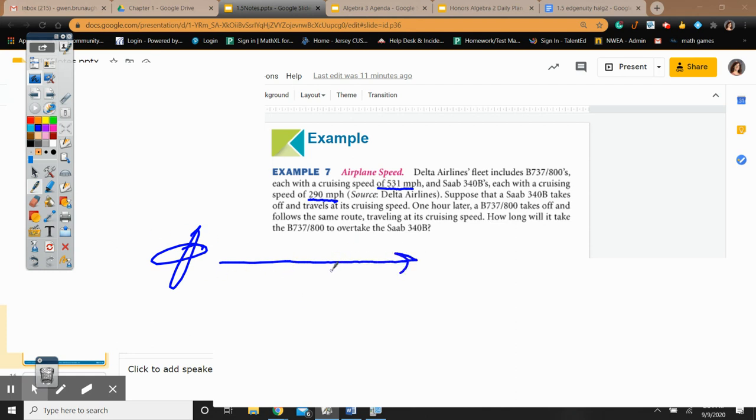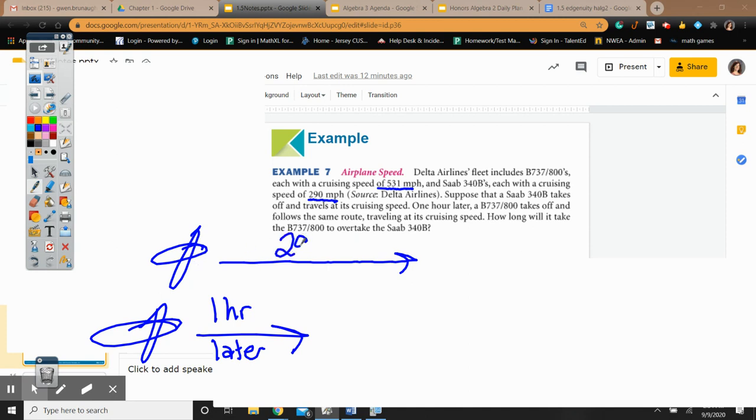And then an hour later, this other guy goes. One hour later. And the Saab, if you remember, goes 290 miles per hour. And this plane that goes an hour later is going faster at 531 miles per hour. So it's eventually going to catch it.